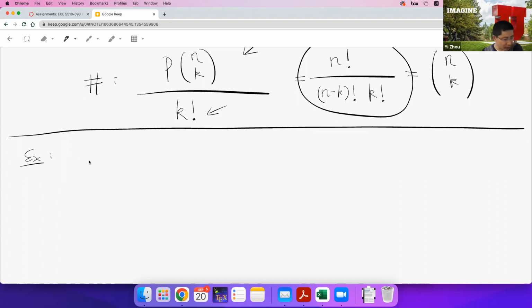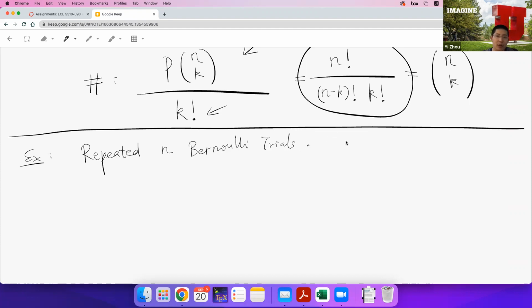So consider an example. Consider repeated N Bernoulli trials. We have N trials. Each trial is a Bernoulli trial.